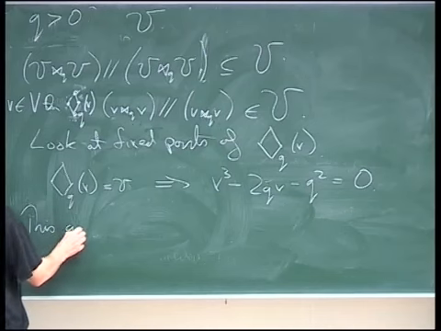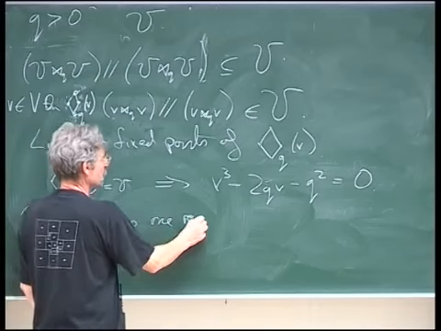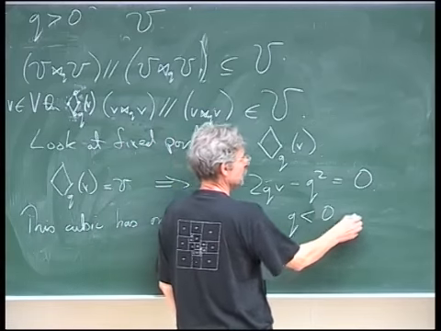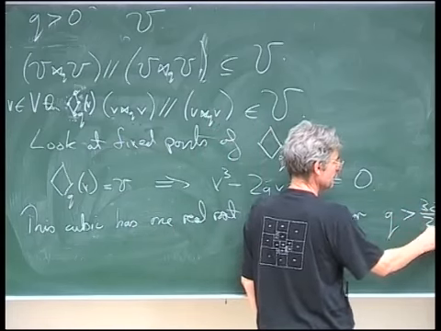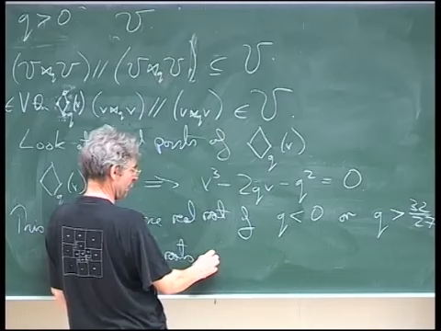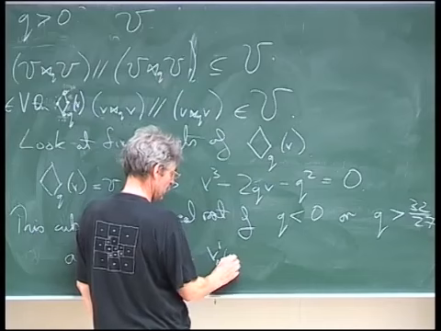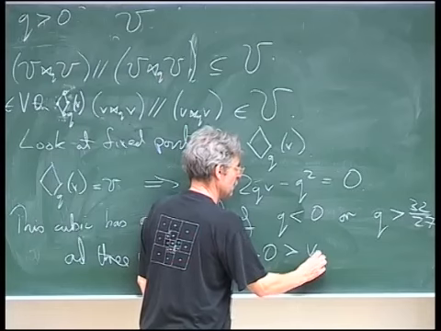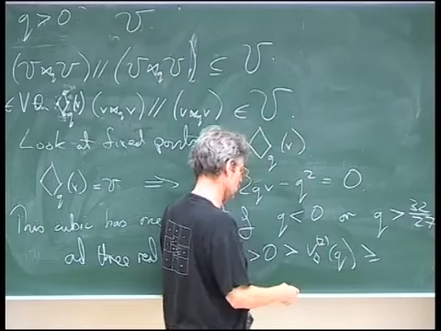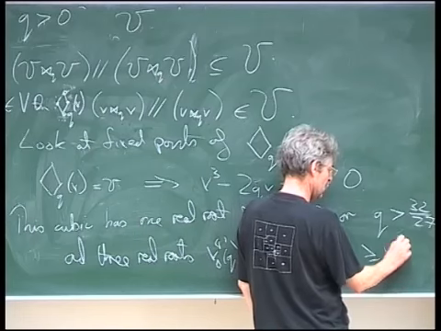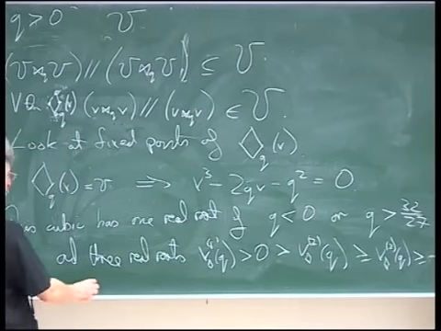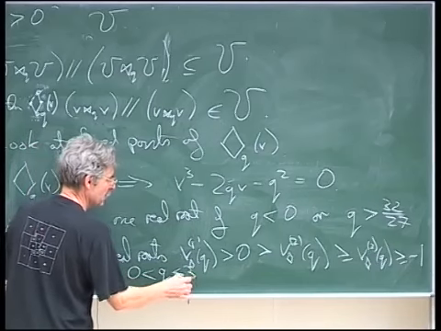Now, this cubic, so it's a cubic in v, has one real root if q is less than 0, or q is greater than 32 over 27, and three real roots v_1^diamond(q) greater than 0 greater than v_2^diamond(q) greater than or equal to v_3^diamond(q) greater than or equal to minus 1 for 0 less than q less than or equal to 32 over 27.